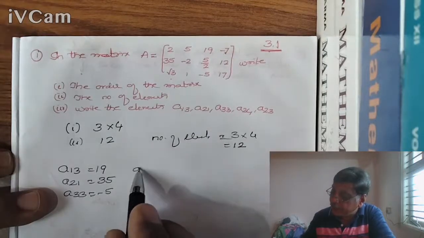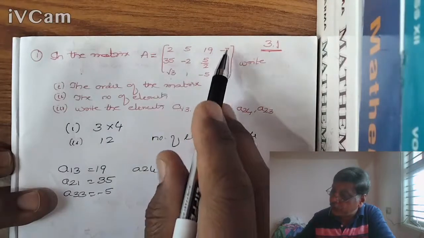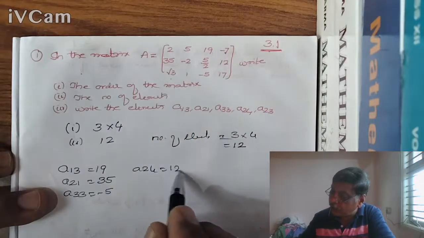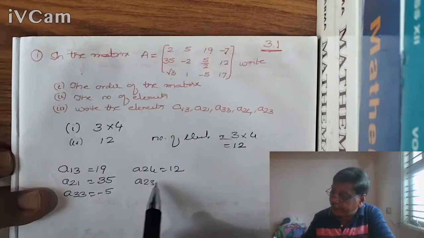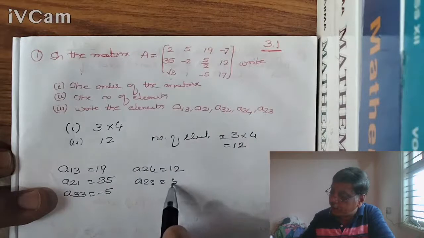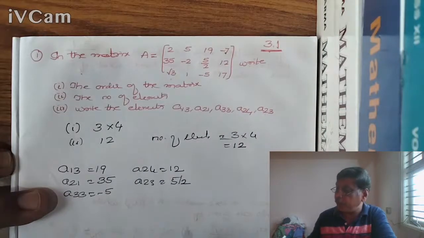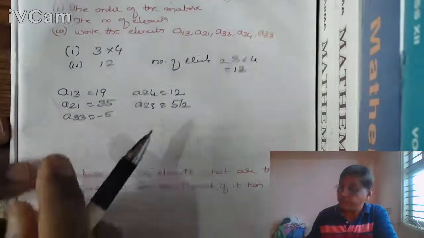Next, A24 equals second row, fourth column, 12. Next one is A23. A23 is second row, third column, that is equal to 5 by 2. This is the first question.